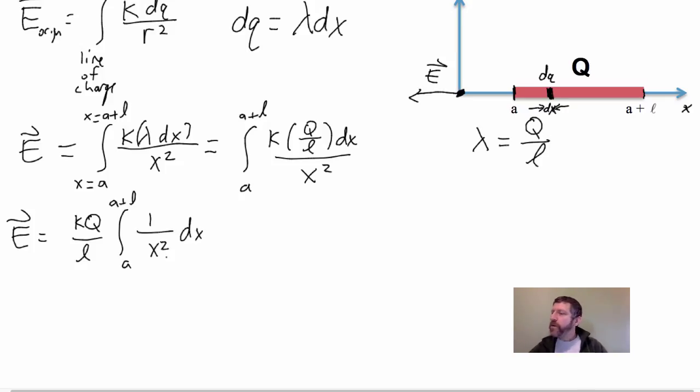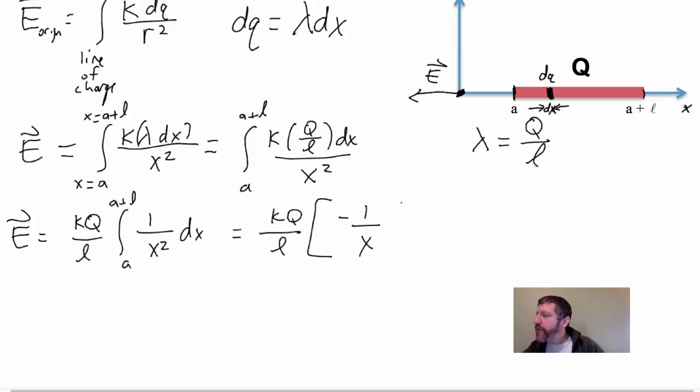So what I get when I integrate that is kq over L times, here's what my integral is going to be. That's x to the negative 2, you add 1 and divide by negative 1. So that gives us x to the negative 1, or negative 1 over x. And I evaluate that from a to a plus L. Almost done now.